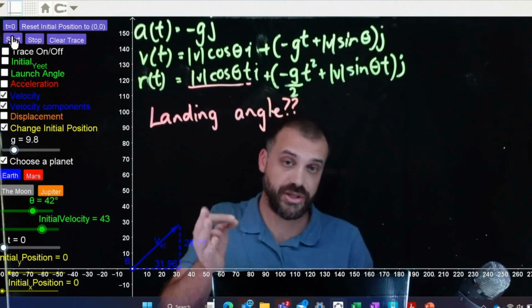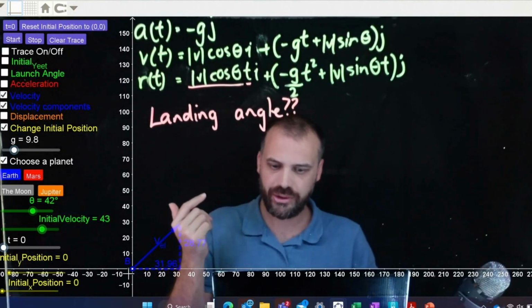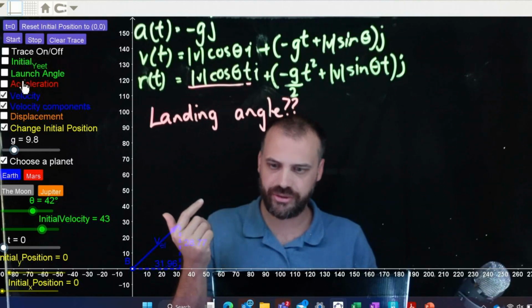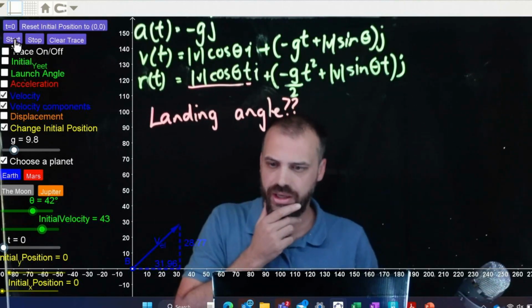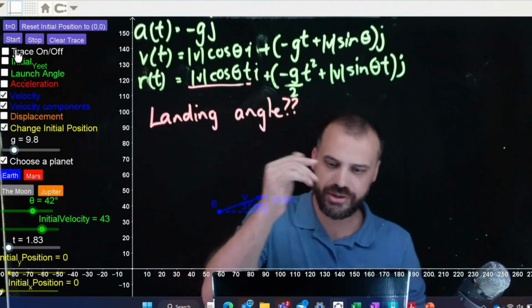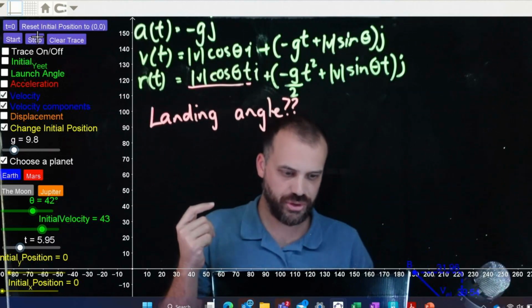Now, an interesting question might be landing angle. So, if we launch, we know our launch angle right there, right? Our launch angle is, at the moment, 42 degrees. If we launch that, and it flies through the sky, and then it's coming down to land, doom.